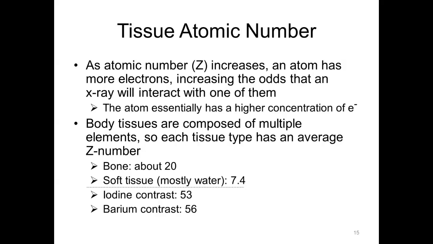There's more electrons around. X-rays at our diagnostic energy levels love to interact with electrons. So if you have an atom with a lot of electrons, it's more targets, more chances to interact as millions and millions of X-rays fly through.